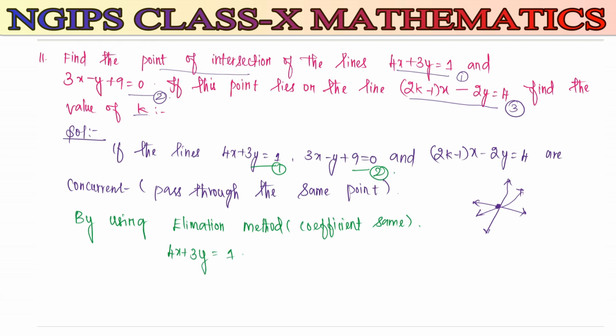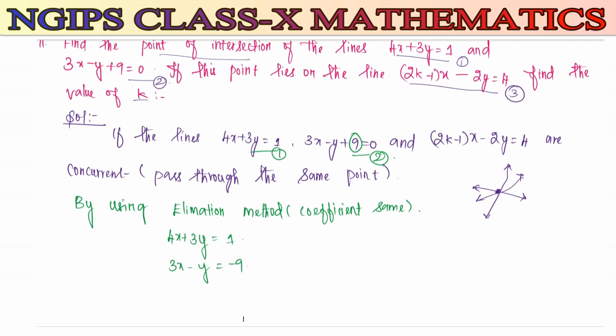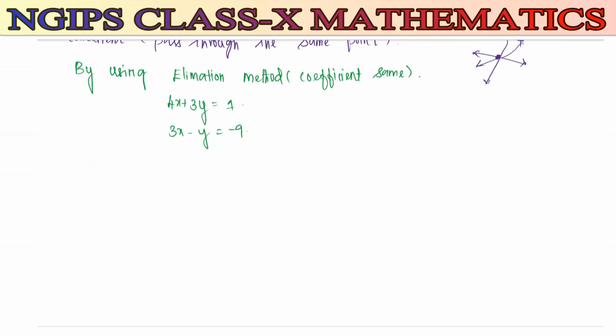The second expression we have 3x minus y. When you shift this plus 9 to the opposite side, it will become minus 9. Now I am going to make the coefficient of y same. Here we have 3y and here we have y, so I am going to multiply the second equation by 3.